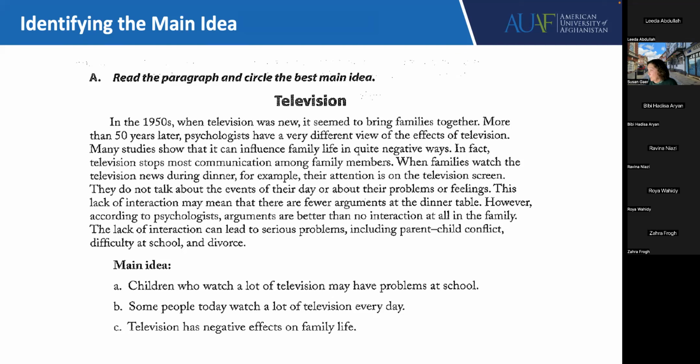Main idea. A, children who watch a lot of television may have problems at school. Ma'am, I cannot see the B and C. Okay, so I'll read for you. B, some people today watch a lot of television every day.